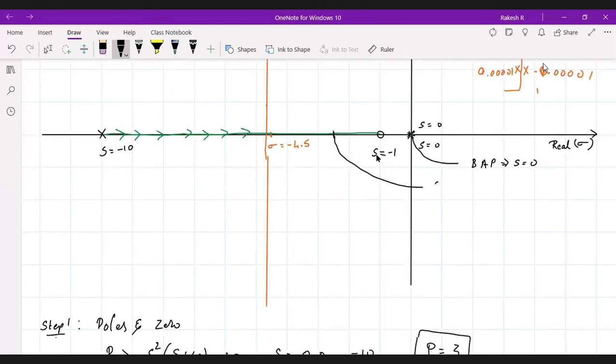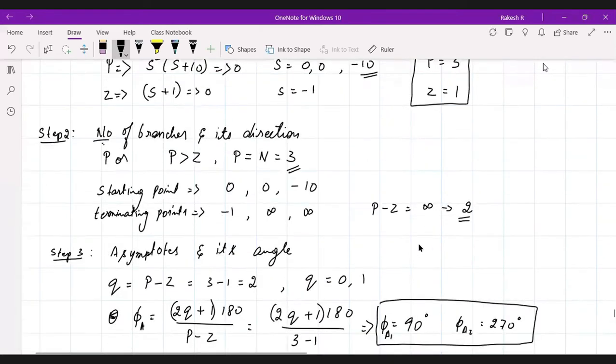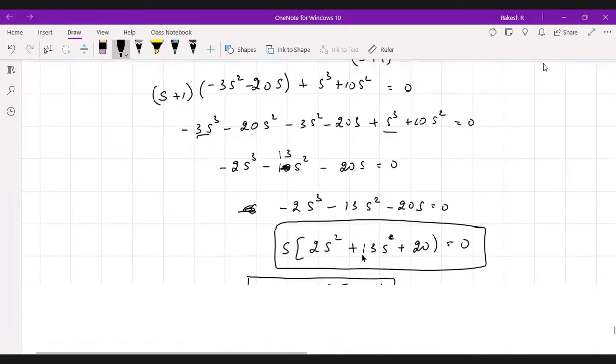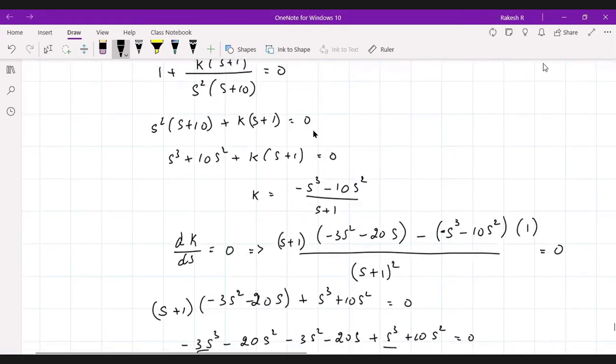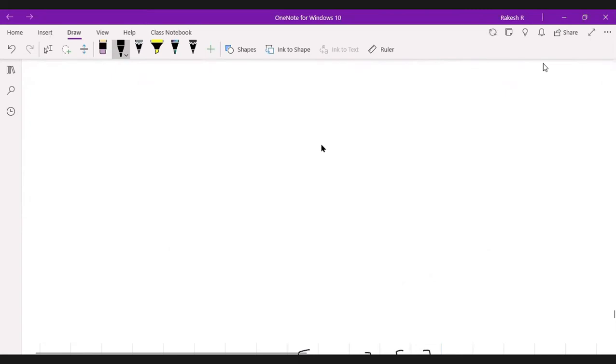See here what we have. We have S lying between the... see here we have 0 here, right? Towards right of this we have 0, and one more is S equals minus 4. Minus 4 is here.